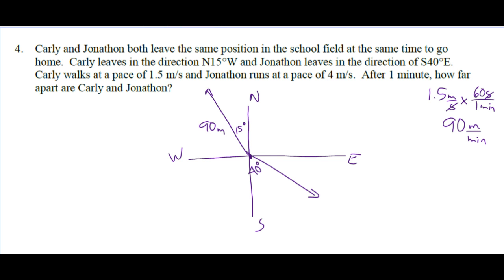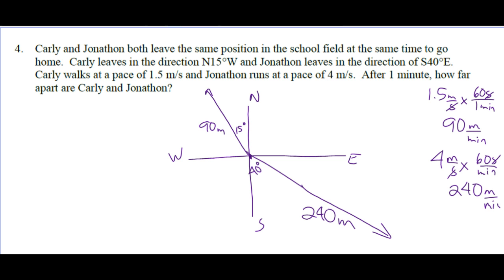Now, Jonathan's running, so he's going to go a little bit further. Jonathan's going at 4 meters per second for 60 seconds, so he's gone 240 meters in 1 minute.